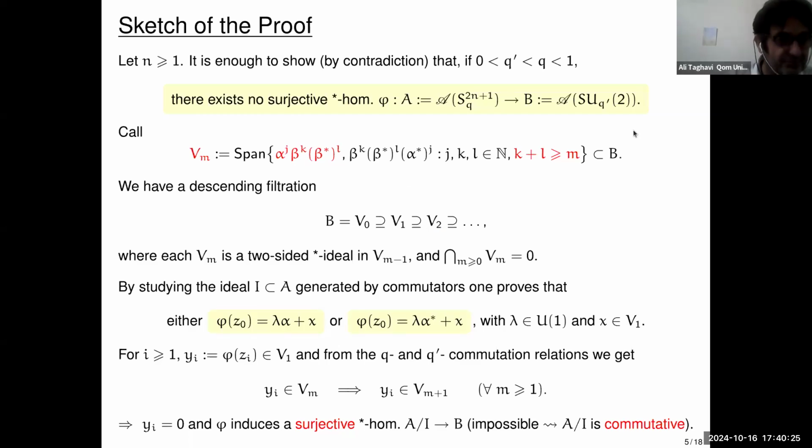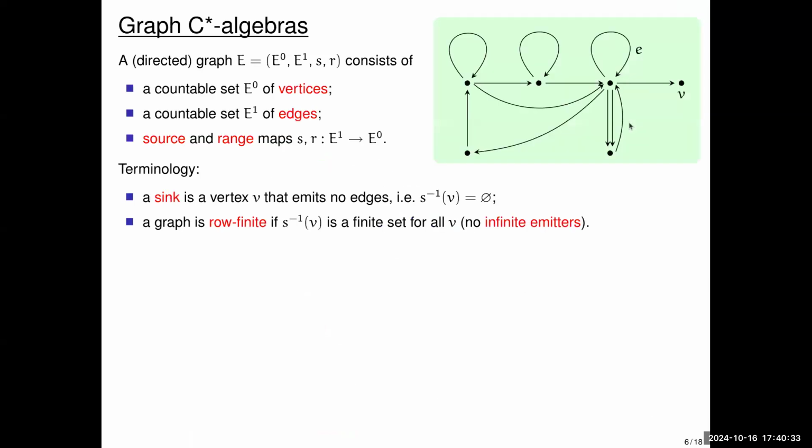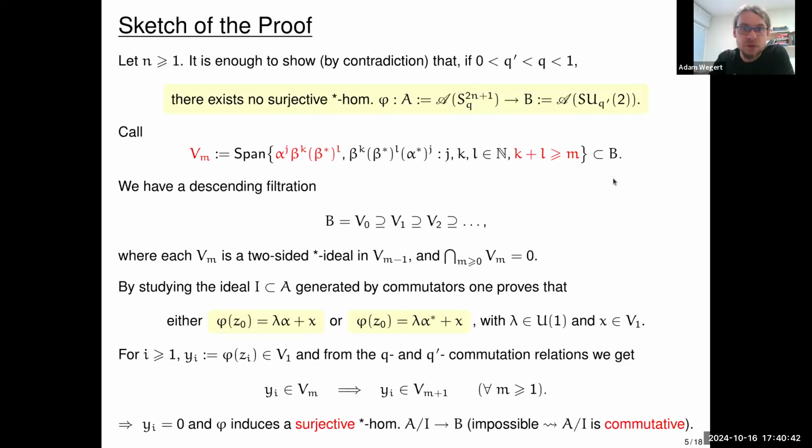I just wanted to fit everything in one slide, but it is the same proof. You just have a few lines more to explain how you fix Q equal to 0. Also for Q equal to 0, Q is no longer a quantum group, yes? It's only a C-star algebra. Yeah, but the trick is that here Q prime is less than Q, and this works when they are both non-zero.